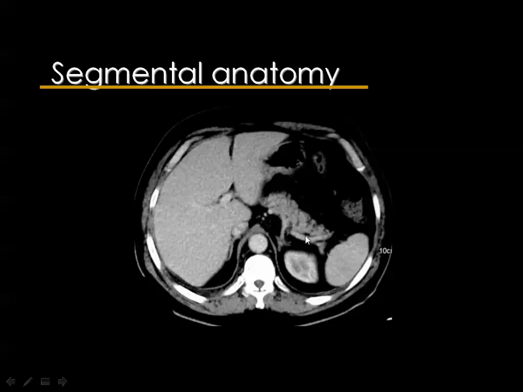The splenic vein and the pancreatic tail are the reference for the lower segments, and the lower segments go in serial, and this is segment 3 and this is 4 and this is 5 and this is 6.